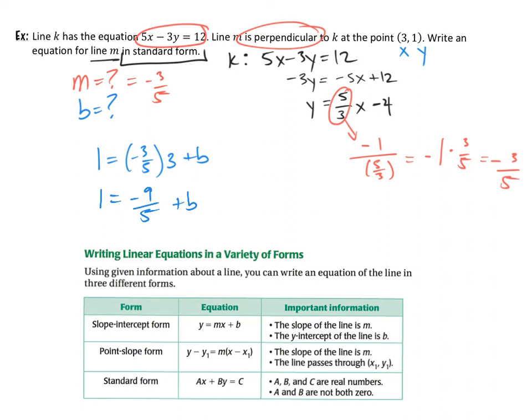I'm going to add 9/5 to both sides, and I get 1 plus 9/5 equals b. Well, I can't add those because I need like denominators, but 1 is just 5/5, okay? So I can now add them, so that equals 14/5.